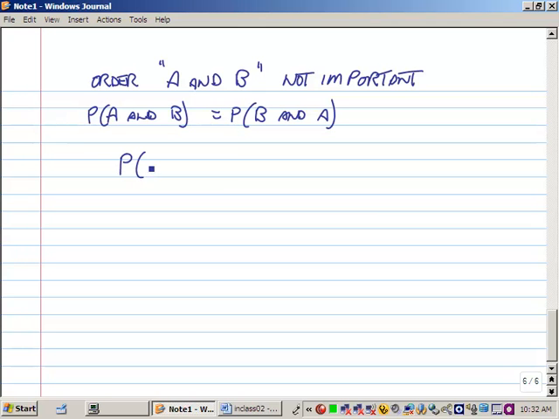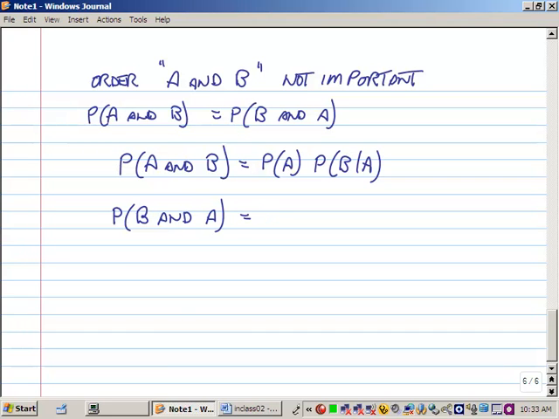But we might notice that although the probability of A and B is equal to the probability of A times the probability of B given A, if we just switch the events around, call A B and B A, then the probability of B and A is the probability of B times the probability of A given B. I can just do that with any symbols I want, but from the above, we have these two events are equal.